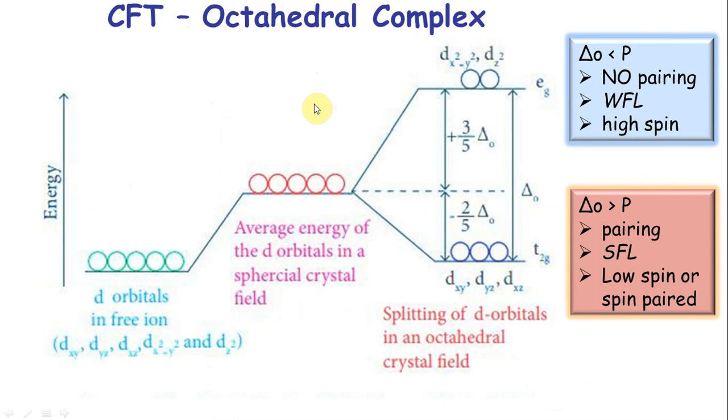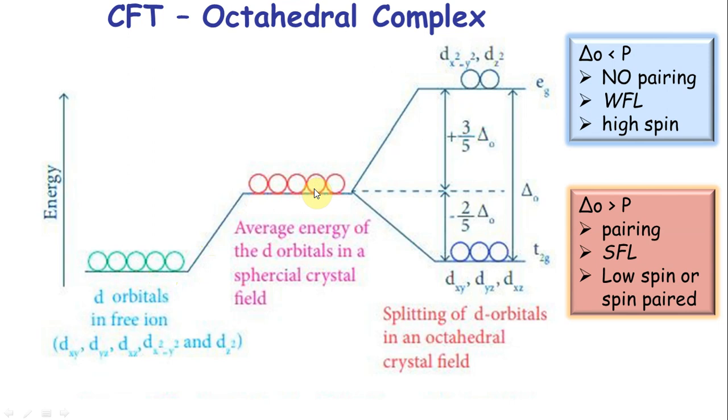When you take an octahedral complex, there are five d orbitals. In the free ion, the five orbitals are empty or have electrons, it doesn't matter. What happens is, they go up in energy when the ligand comes because of electrostatic repulsion.